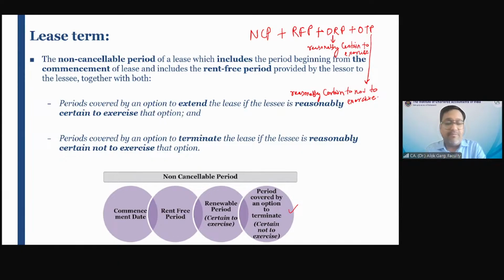Now my question to all of you is, what is the lease term in this case? If the question has given you just these facts, what is the lease term?